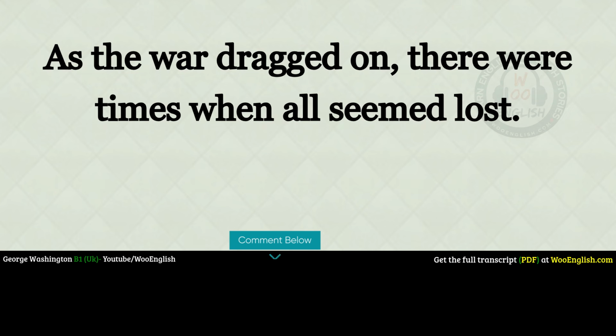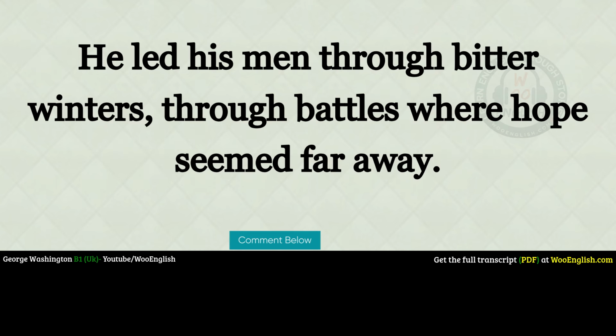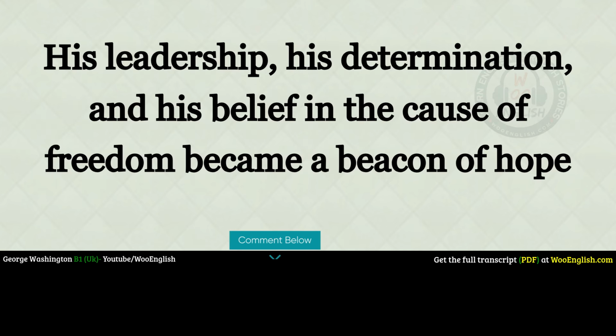As the war dragged on, there were times when all seemed lost. The British forces were strong, their resources vast, but George Washington never gave up. He led his men through bitter winters, through battles where hope seemed far away. His leadership, his determination, and his belief in the cause of freedom became a beacon of hope for the entire nation.